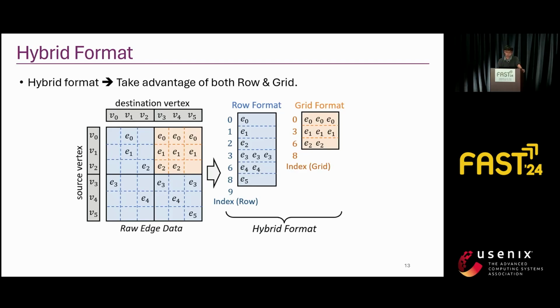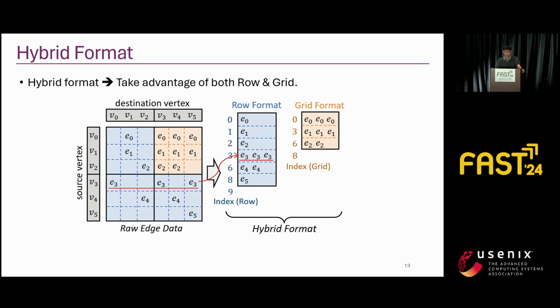So we store this block in the grid format to enjoy its good locality. On the other hand, if the edge block is sparse, we keep it in the row format because this alleviates the issue of the fragmented edge list and the multiple index data that we discussed in the previous slide.